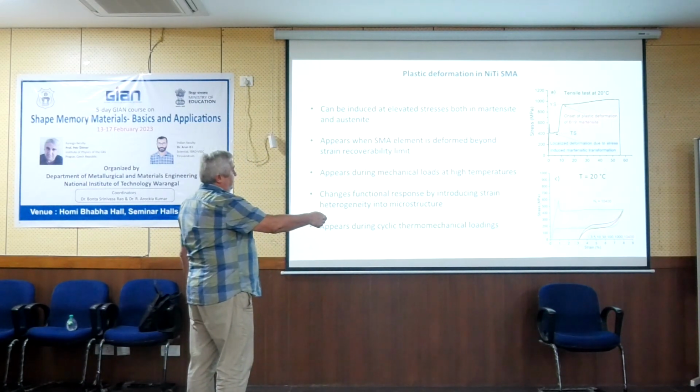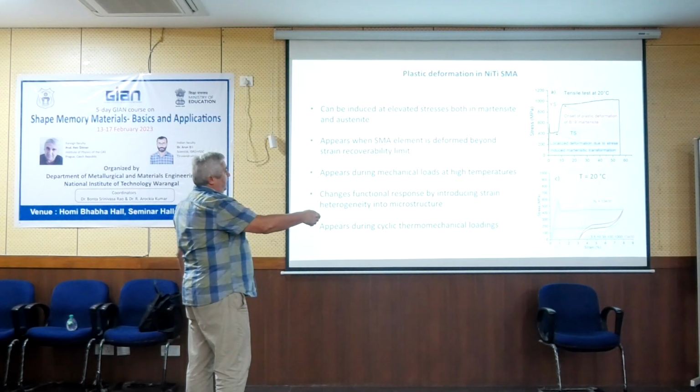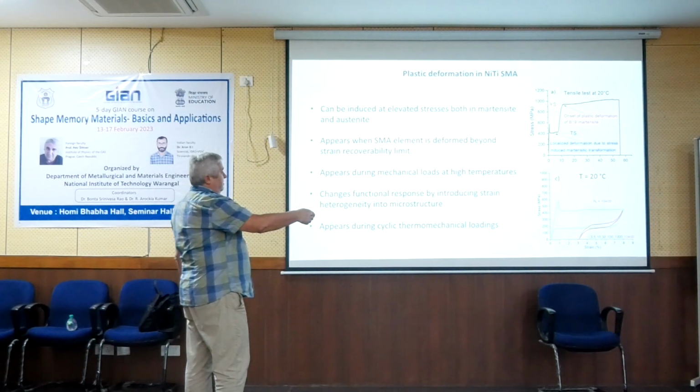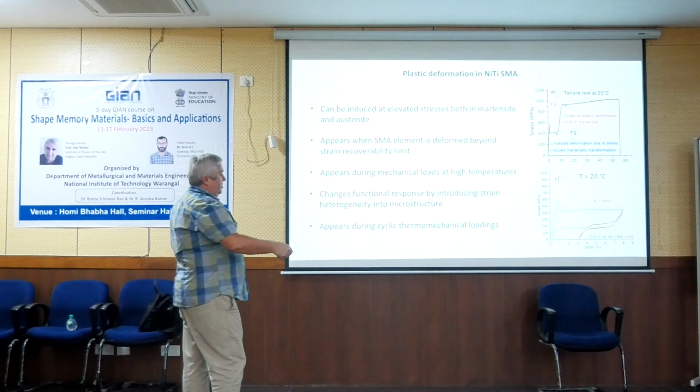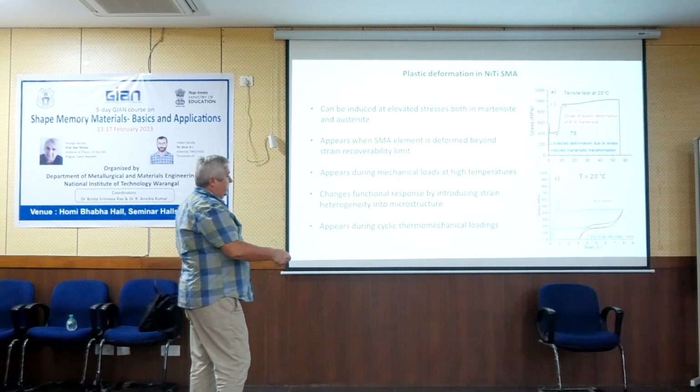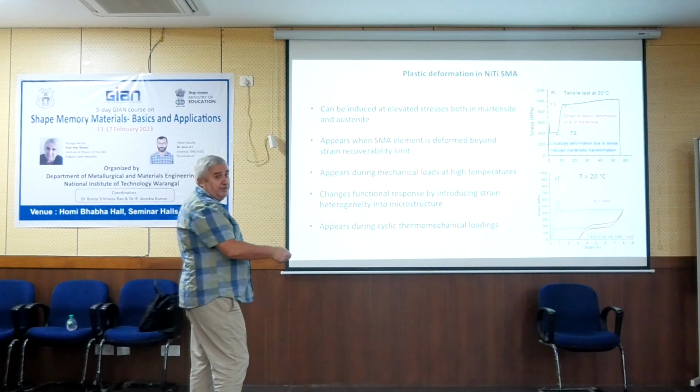Also, if you are up to this stress, you are safe. You should be in the transformation range, but behind the yield limit, your microstructure is changing. There are twins inside, dislocations inside, and so your sample will change. And here, if you cycle even at room temperature on soft material, you start with such kind of material, and after 10,000 cycles, you end up with such kind of response.